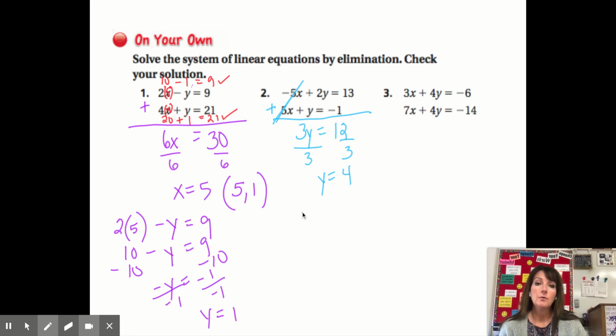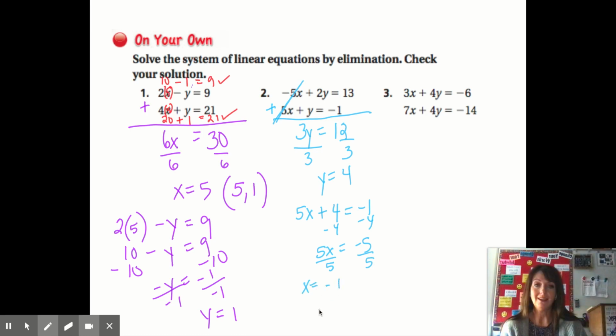If y is equal to 4, I can go into my second equation. I can go into either, but I'm just going to pick the second equation. Subtract 4. So 5x is equal to negative 5, and x is equal to negative 1.